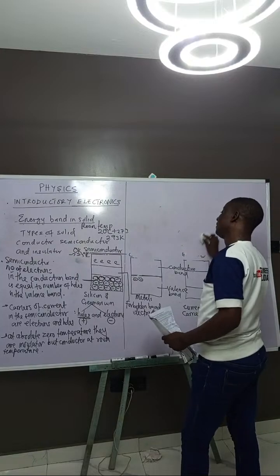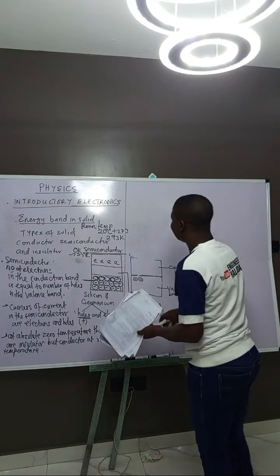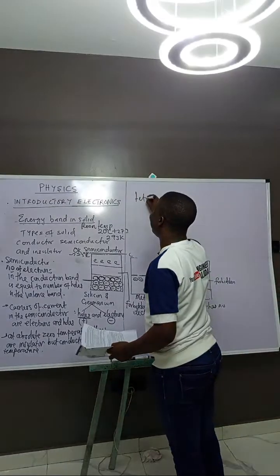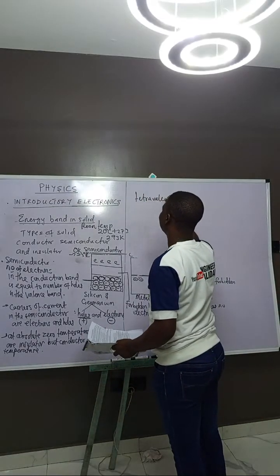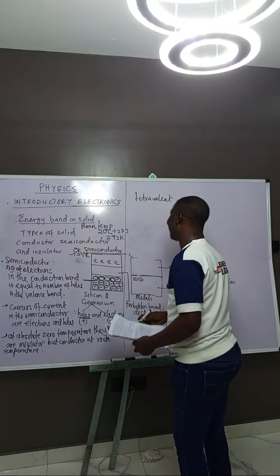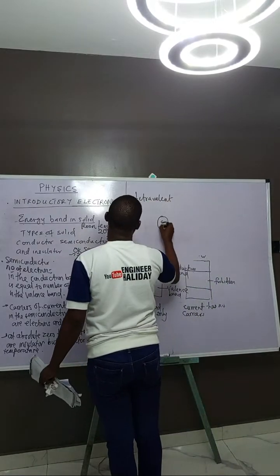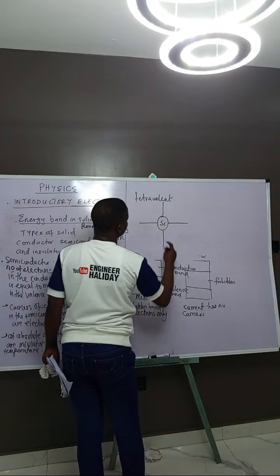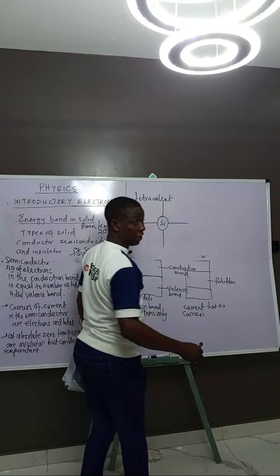That is to say that they belong to group 4 in the periodic table. So they are tetravalent. You check, silicon has what? 4 electrons at the outer shell.